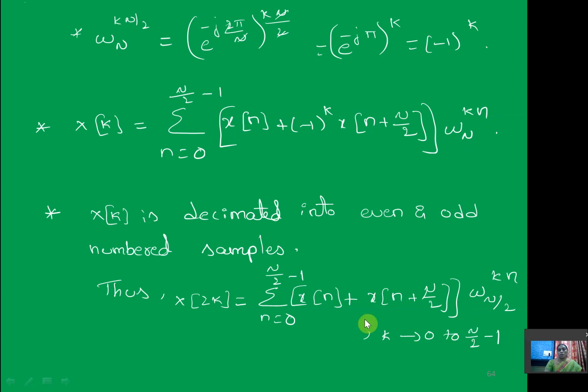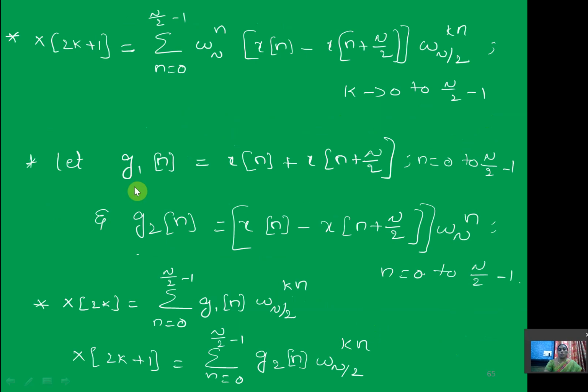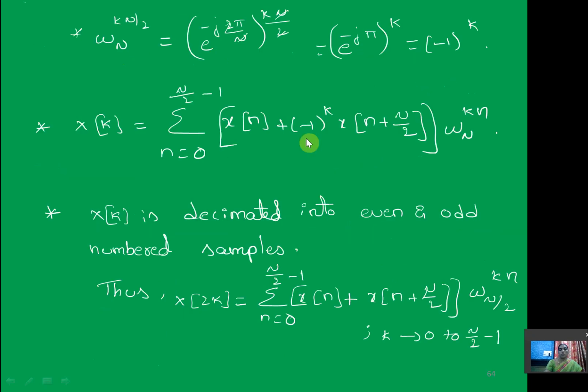So now coming to the odd number samples, that is X of 2k plus 1, substitute 2k plus 1 in the place of k in this equation. So then minus 1 power 2k plus 1 gives minus 1 power 2k into minus 1; minus 1 power 2k is 1, into minus 1 means minus, then W_N power 2k plus 1 into n.